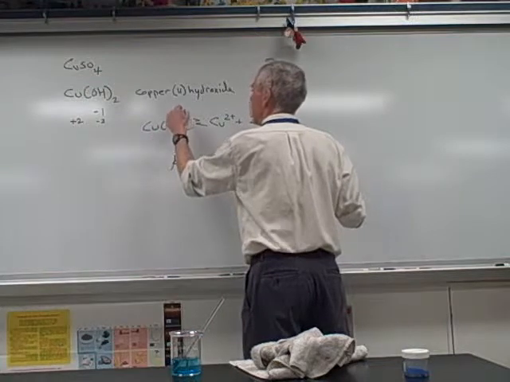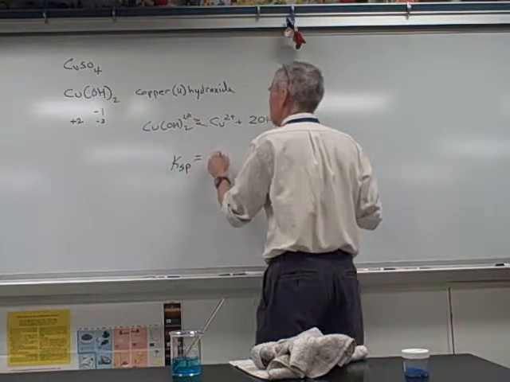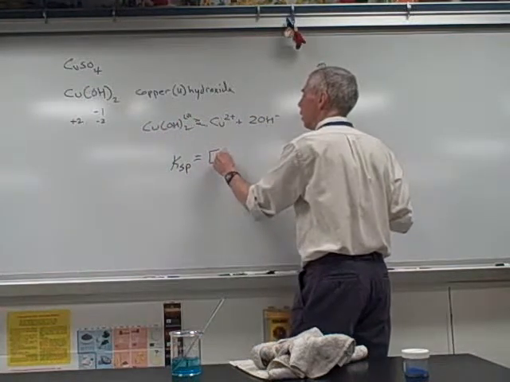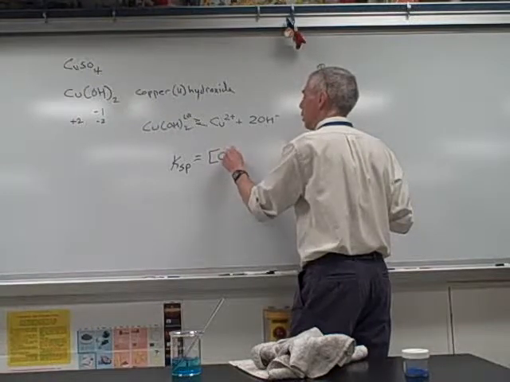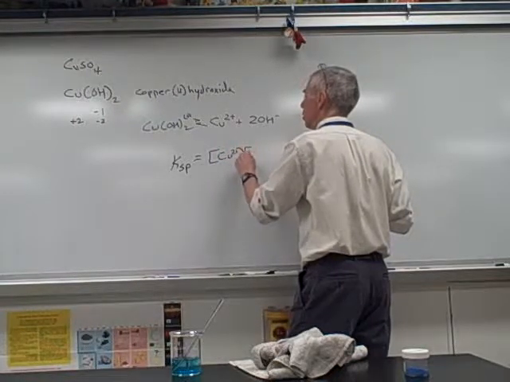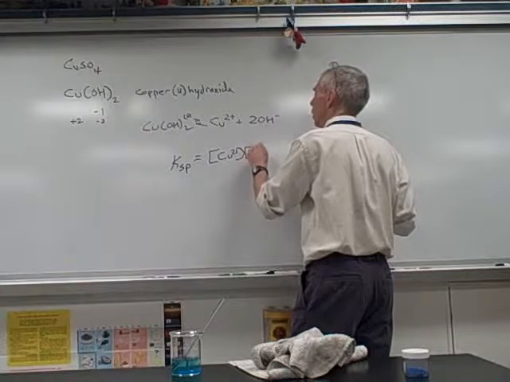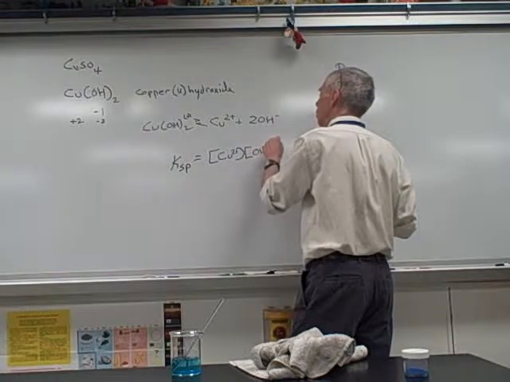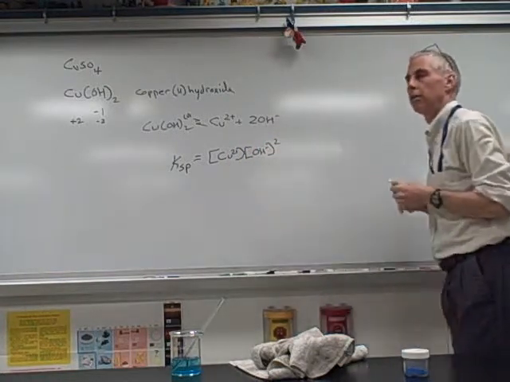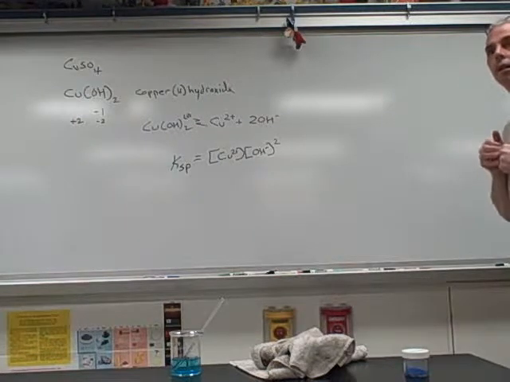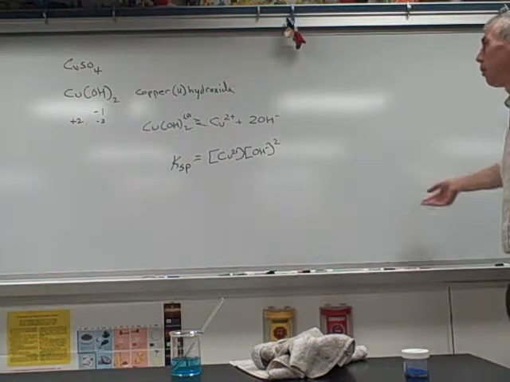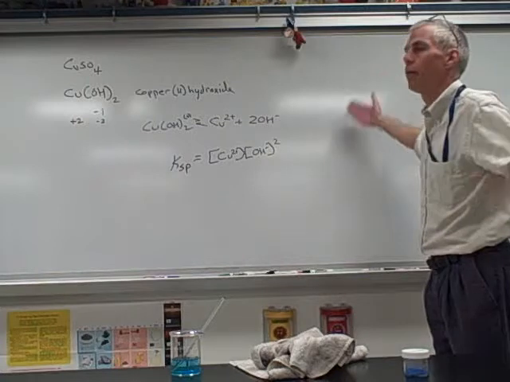There's nothing on the bottom because that's a solid. So it's going to be concentration of copper, concentration of hydroxide squared. That's no big deal, is it? That's easy. If there's 2 of them, make it squared. We've been doing that for a month and a half.